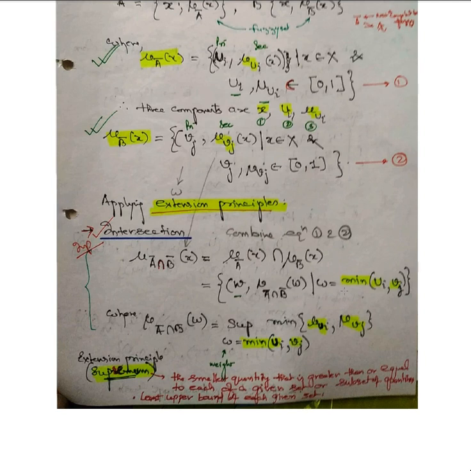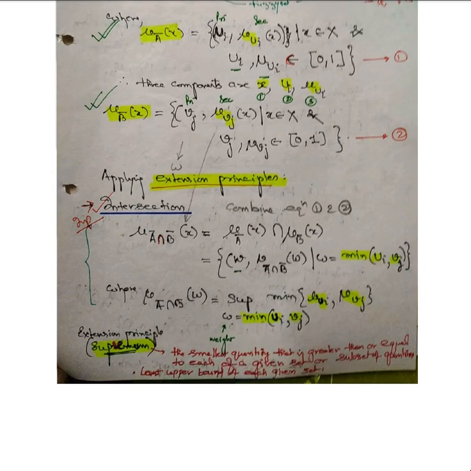So what is W? This W is the weight. So mu A intersection B of W is nothing but the supremum of the minimum of mu Uj comma mu Vj.